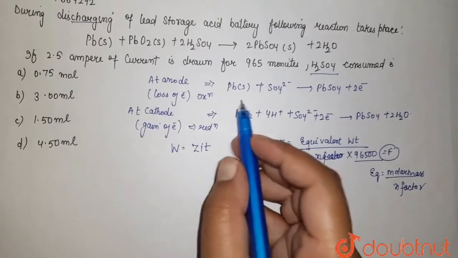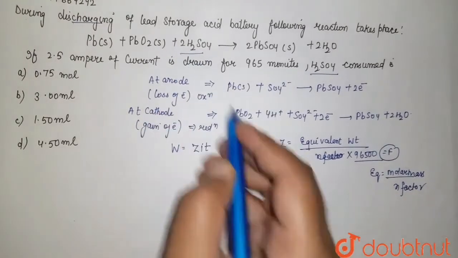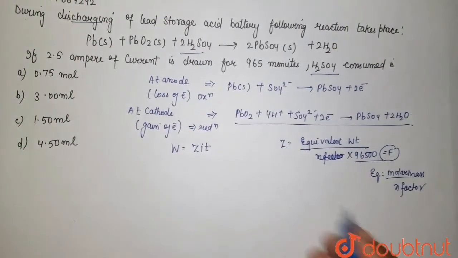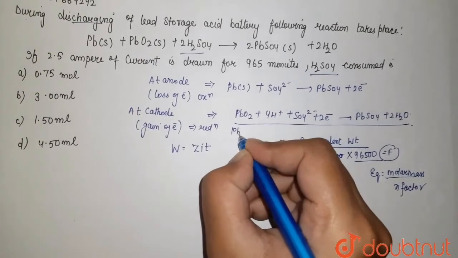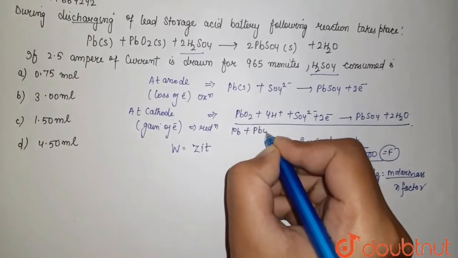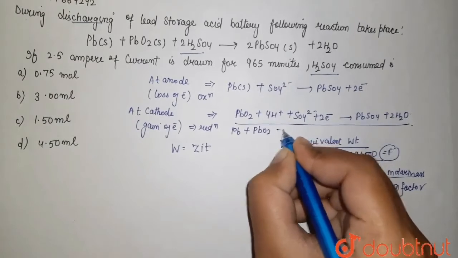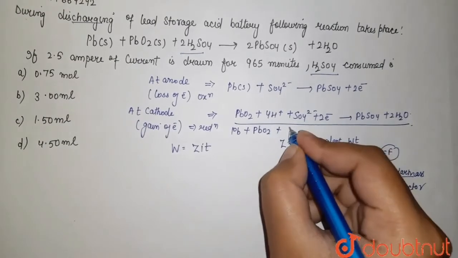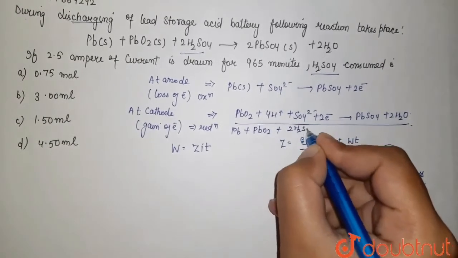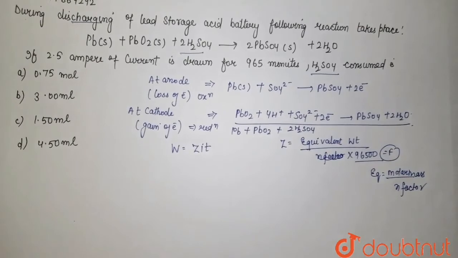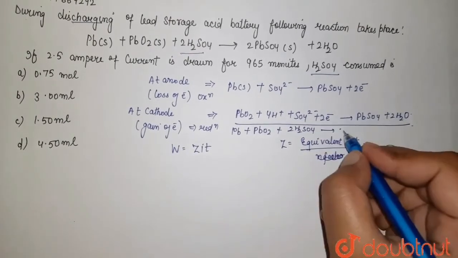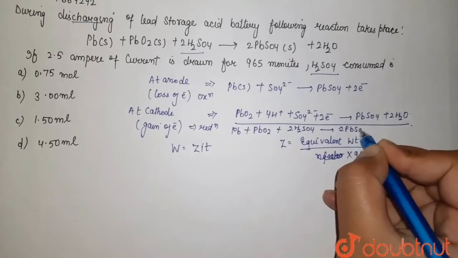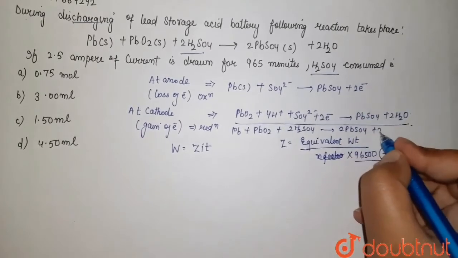So for the molar mass, we take the final reaction: Pb plus PbO2 plus 4H plus gives 2 H2SO4 that is present over here, then it gives 2 PbSO4 and we are having 2 H2O.